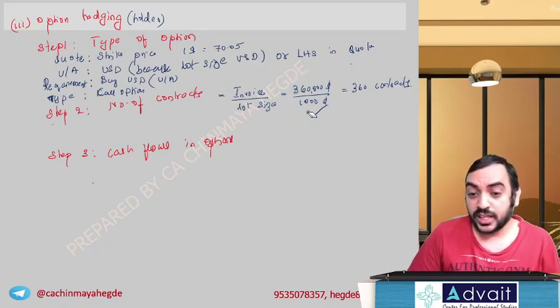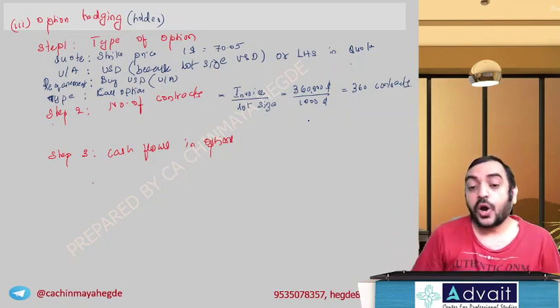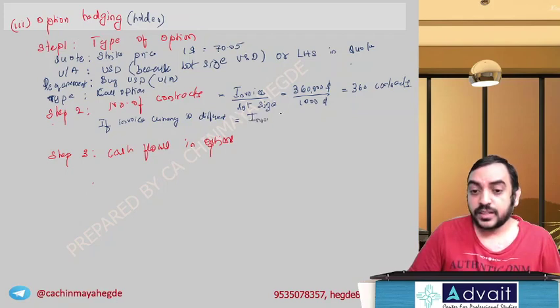Then you should convert the invoice amount into underlying terms. If invoice currency is different, then the formula is going to be invoice amount divided by strike price, then divide by lot size.